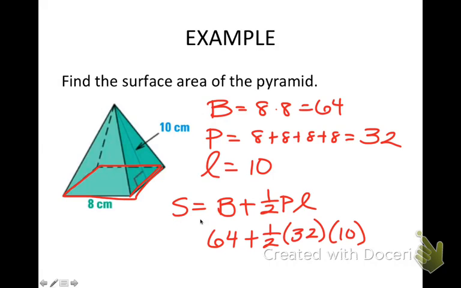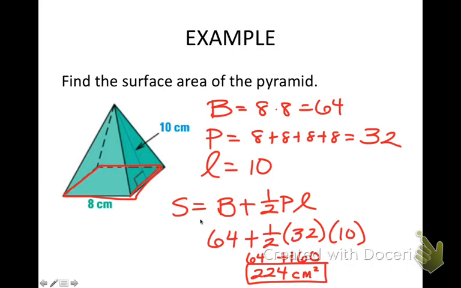Is it often times the base? No. All right, so half of 32 is what? 16. 16 times 10 is 160. 64 plus 160, so we get 224. And my units are centimeters squared. Okay? Surface area. There it is.